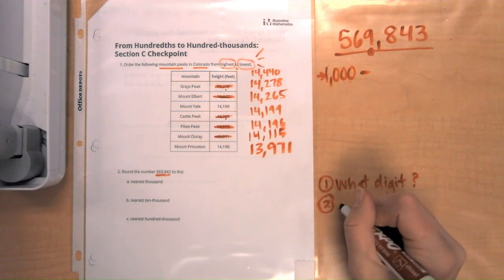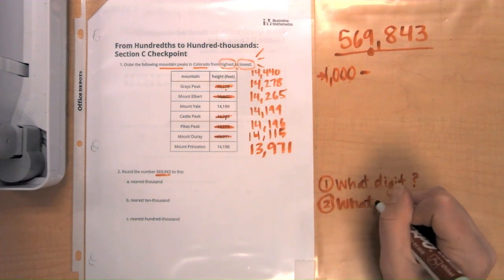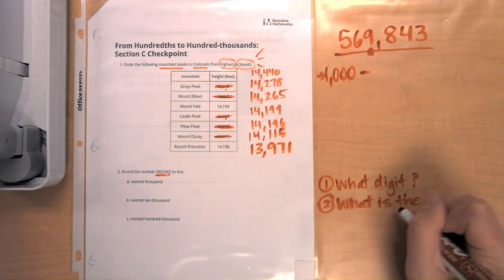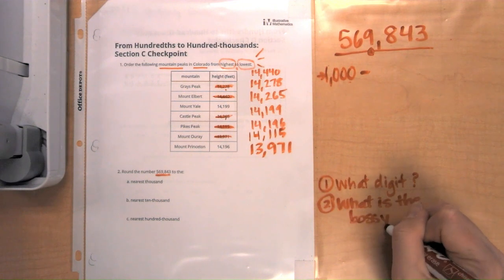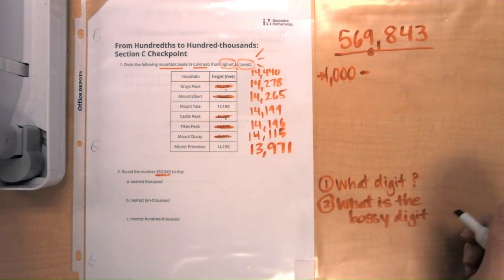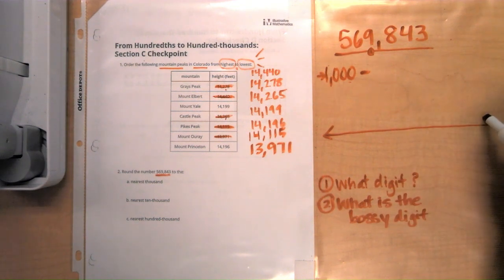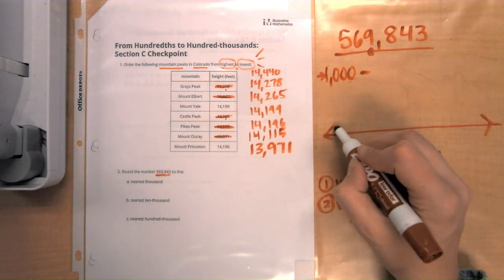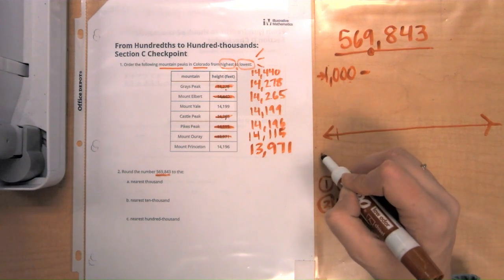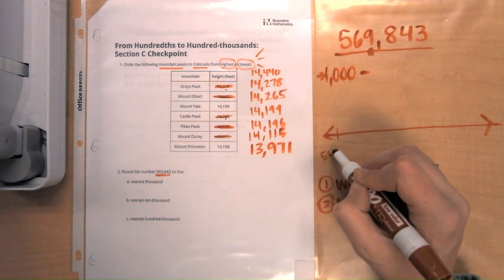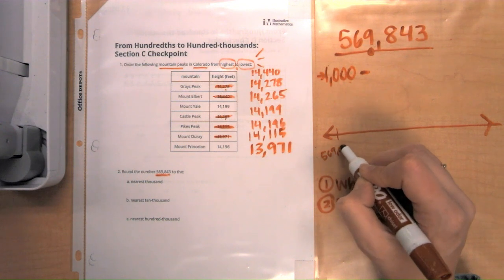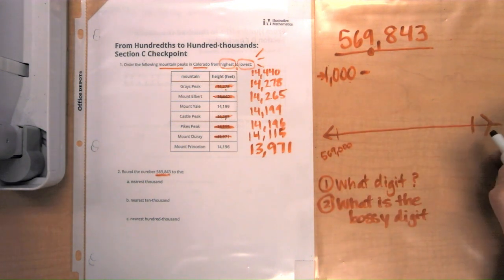Next thing we're going to talk about is, what is the bossy digit? Bossy digit, what does that mean? What that means is that we have a number line. We have a number line that starts at 569,000, because what we're doing is counting by thousands, and goes up to 570,000.